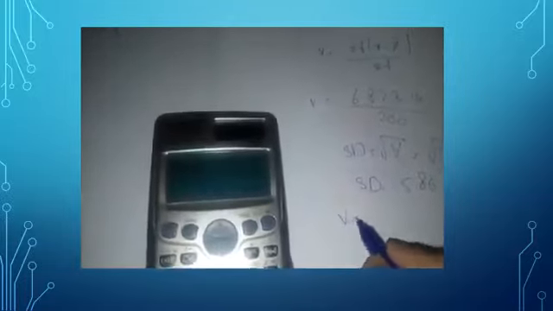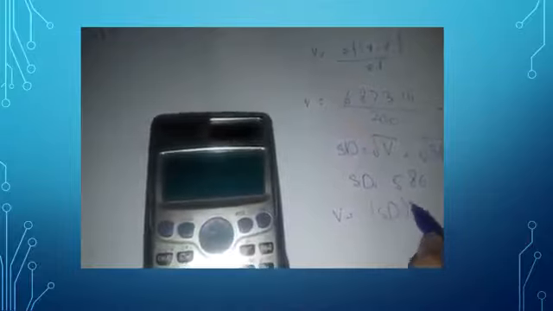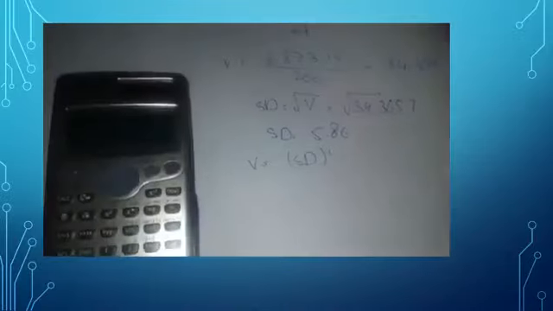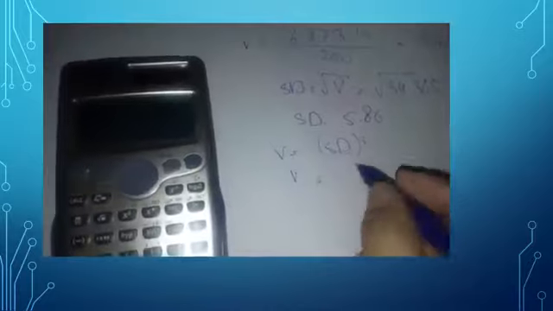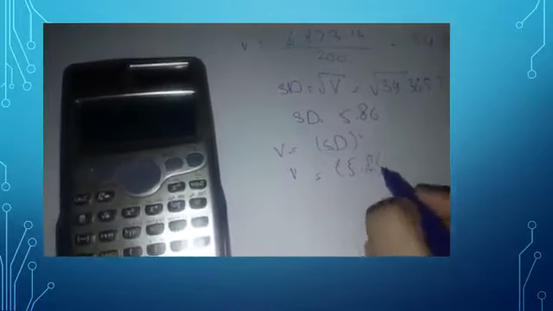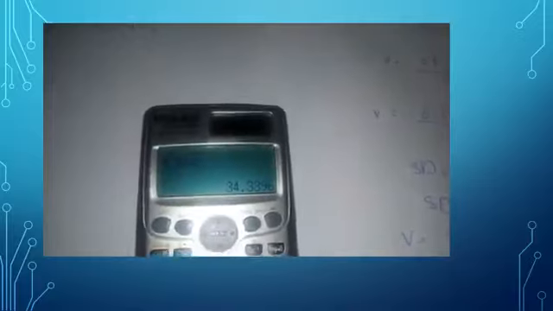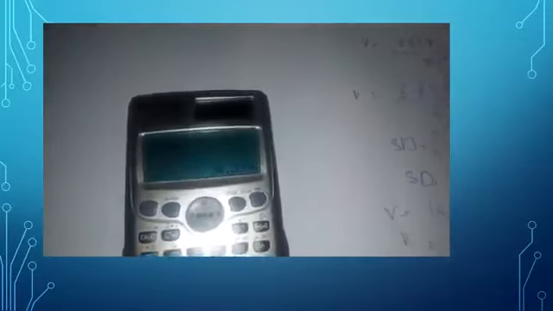And to calculate the variance from the standard deviation, simply, variance is the standard deviation 5.86 squared. If we take the square root of the variance, we get the standard deviation 5.86, the same answer.